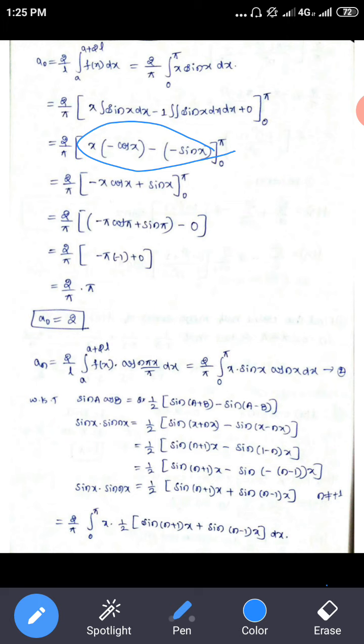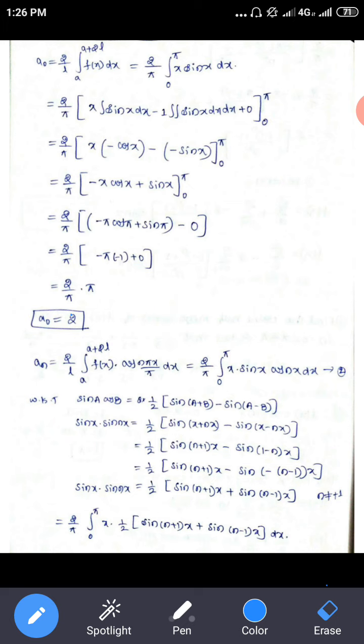So upper limit is minus pi cos of pi plus sin of pi, minus 0 into cos of 0, that is 0, plus sin of 0 is 0. So the second term reduces to 0. So minus pi cos of pi is minus pi into minus 1, sin of pi is 0. So 2 by pi into pi, the pi cancels. So a naught is 2.